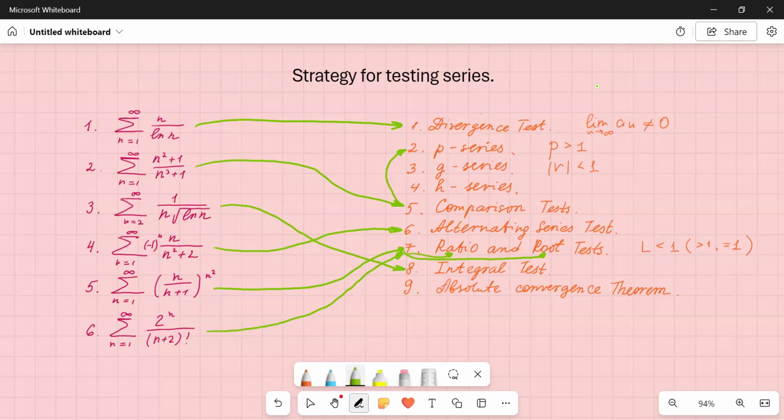So it did not happen over here, but it can happen when you solve a different problem. Absolute convergence theorem: also, there is no problem which requires use of absolute convergence. But we remember that the ratio and root tests are investigating absolute convergence. So after you use the ratio test, you say that the series is convergent absolutely, and then it's convergent. So we kind of use it too.